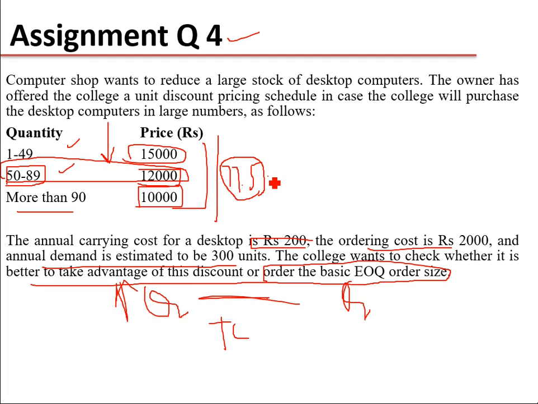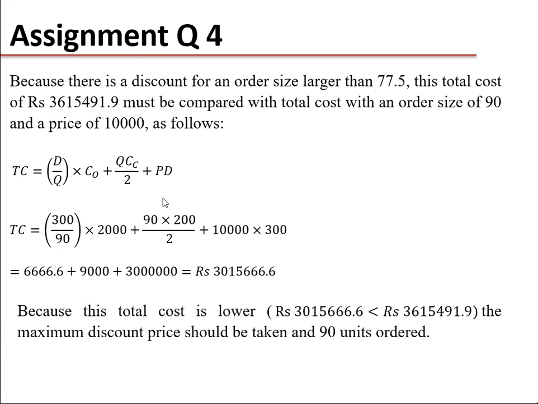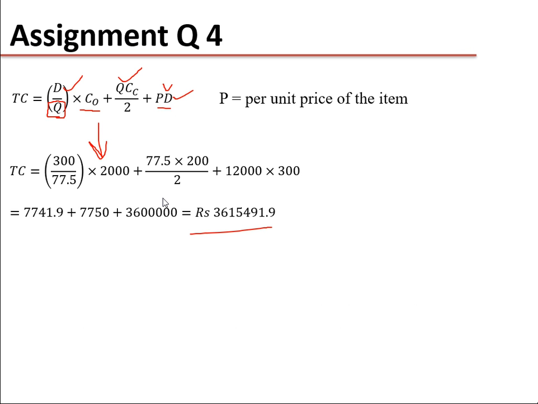If I put this much number of units in an order, what is the price of the unit? Price of the computer is 12,000. That means this is the product price, and how many units are we going to buy? 300. So that's how we get the material cost or the total order cost over there, which is going to be 36,06,000.